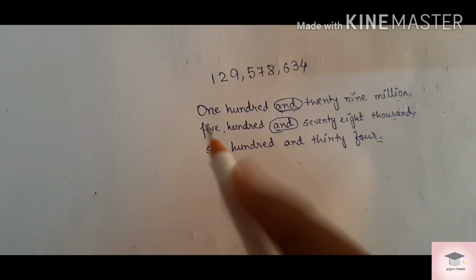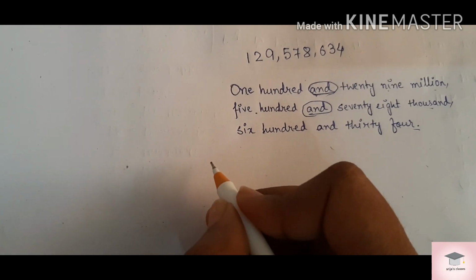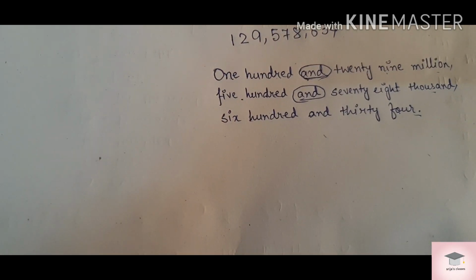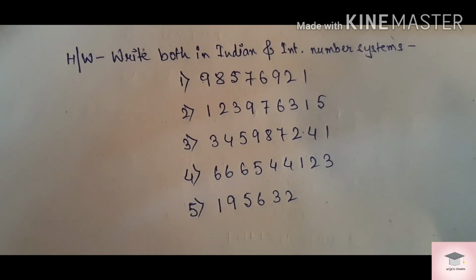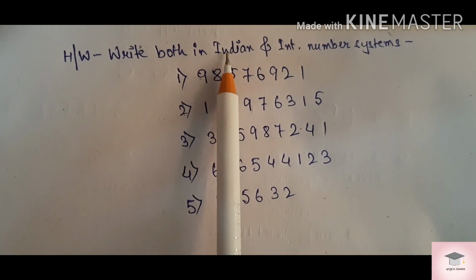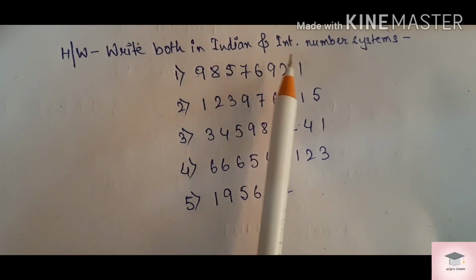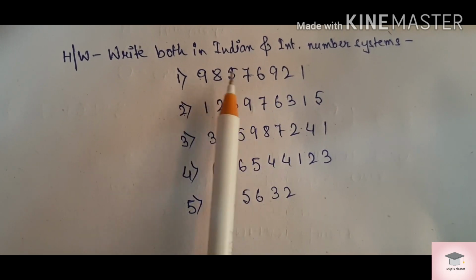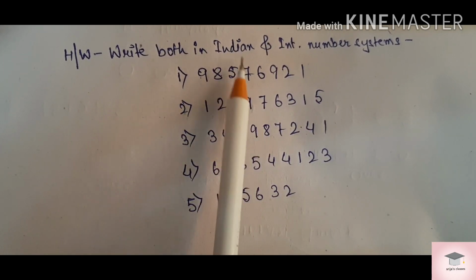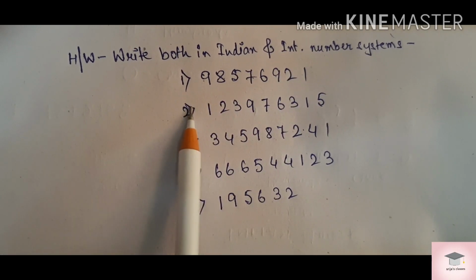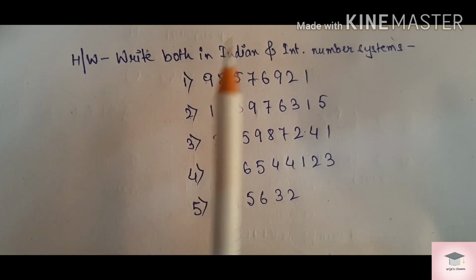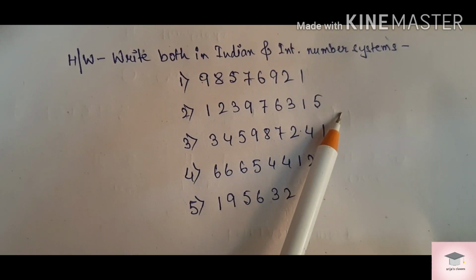Okay, I'll give you something to do. Do it in your home and tell me. This is your homework. You have to write all these 5 numbers in both the Indian and international number system. First, in the Indian number system, you will write this. You will give the commas, you will write them in words, and you will do the same for the international number system.